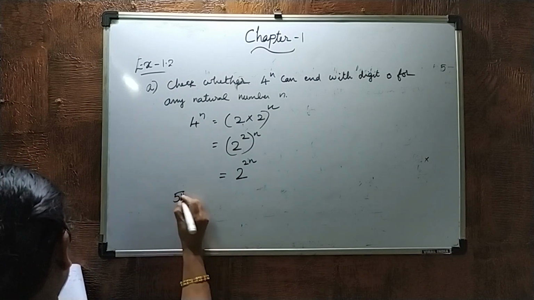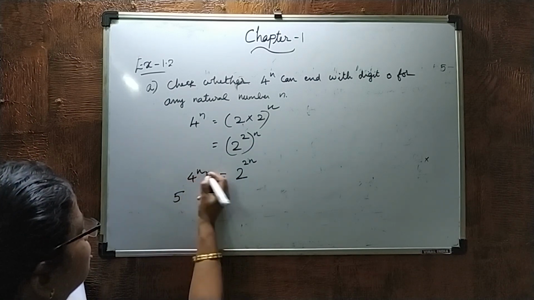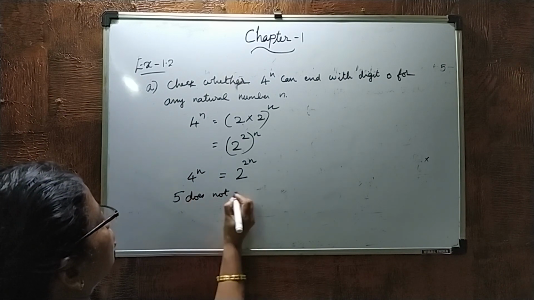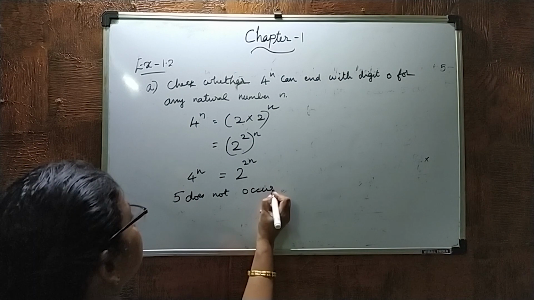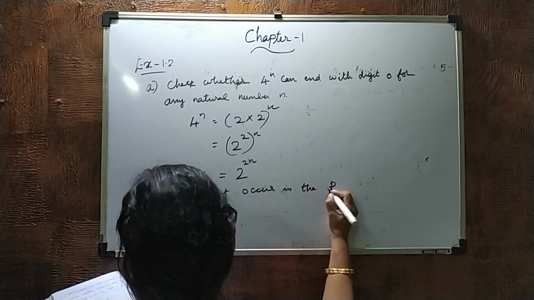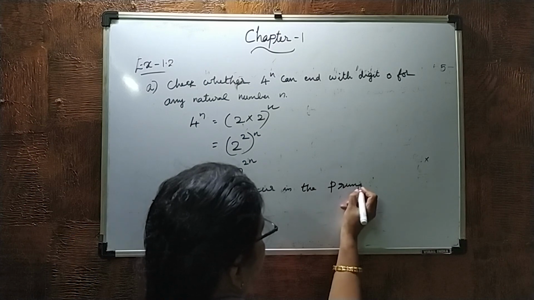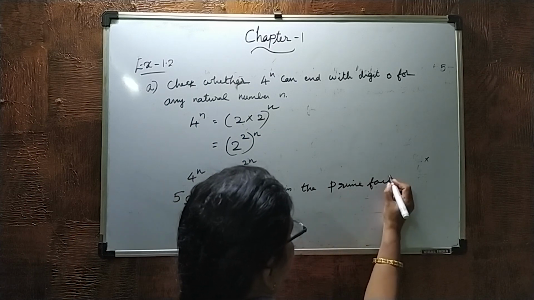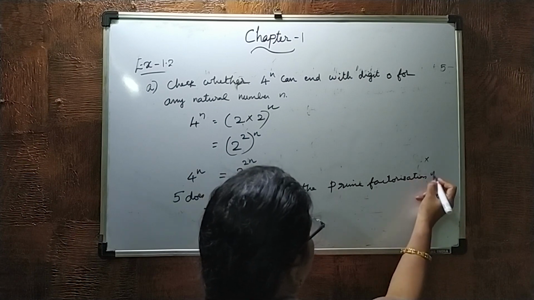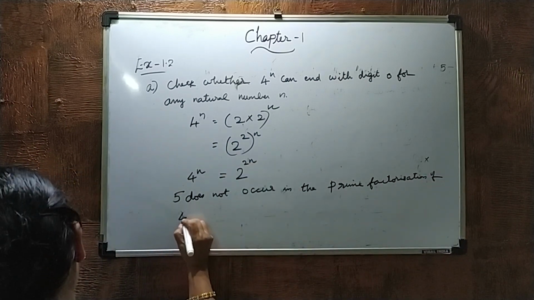Here it is 4 raised to n. So here you will write: 5 does not occur in the prime factorization of 4 raised to n.